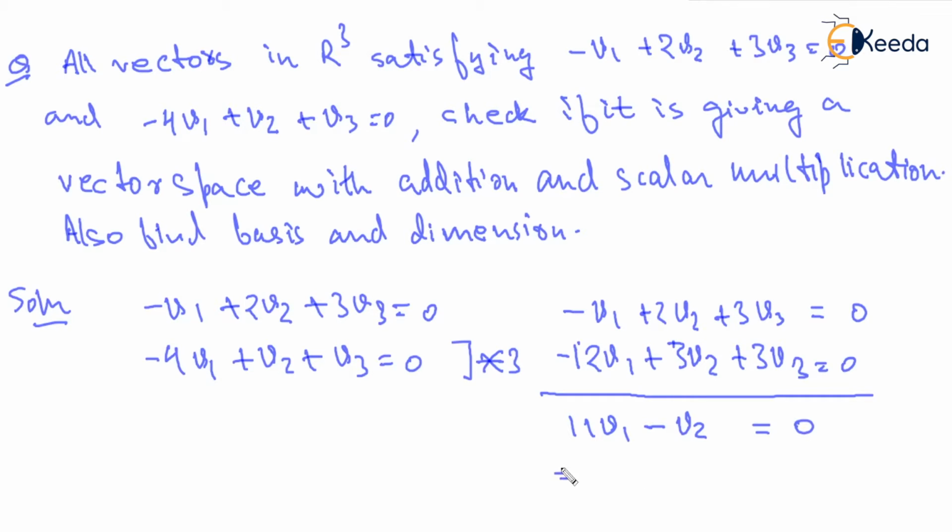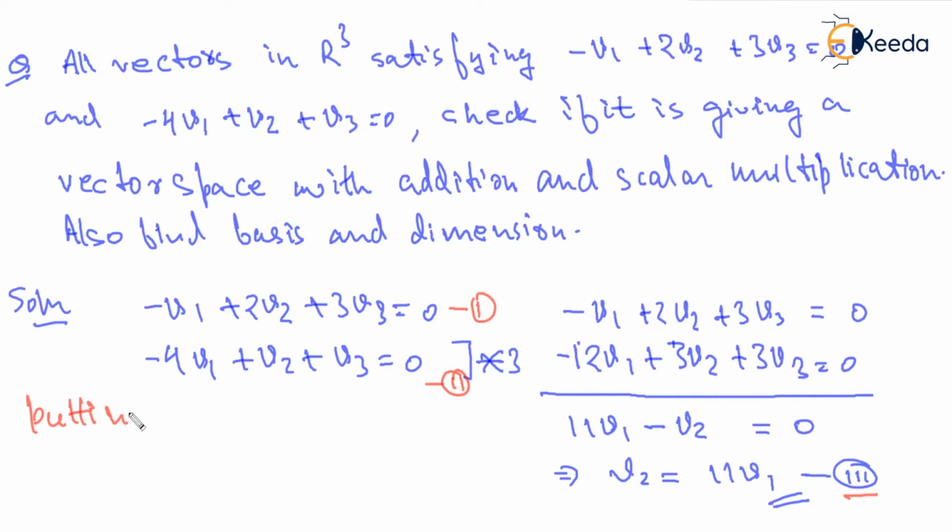This makes v2 equal to 11v1, and let's say this is equation 1, this is 2, and this is 3.